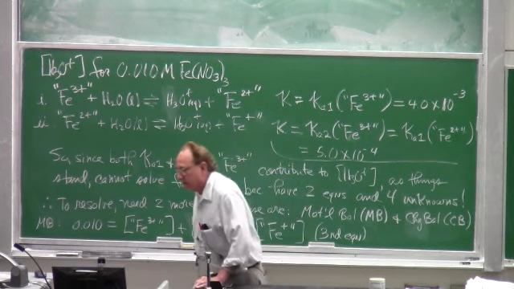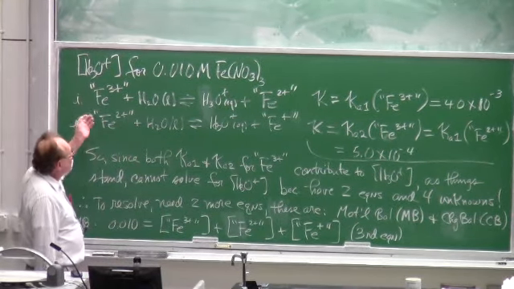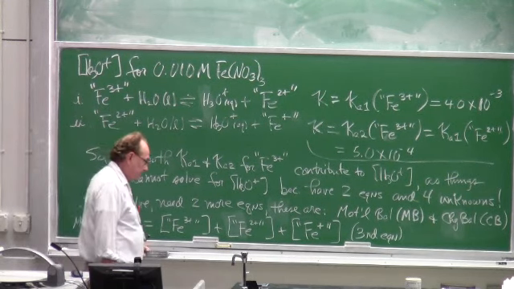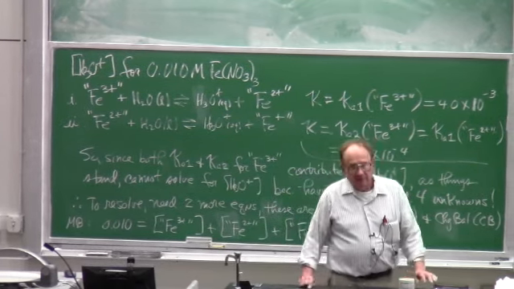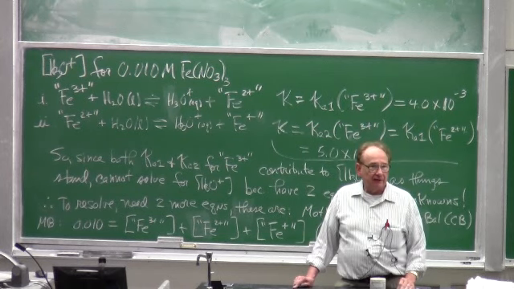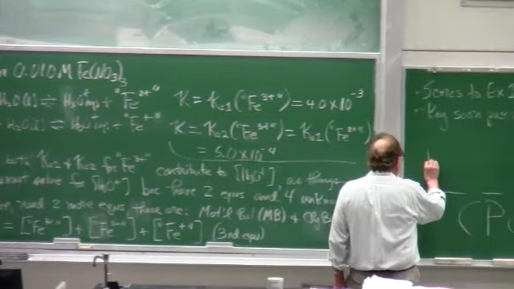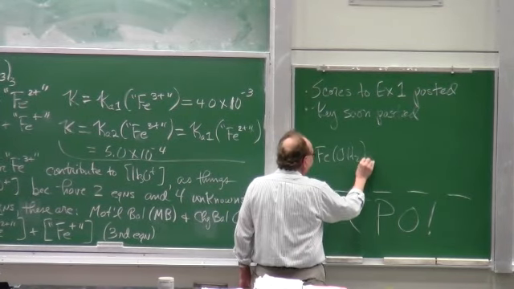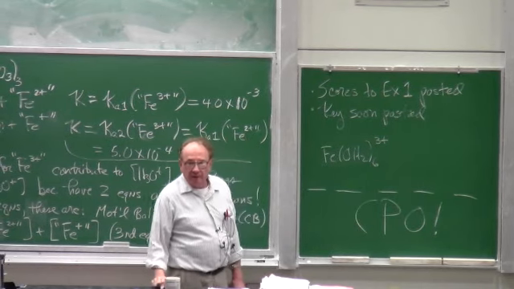The lead into this consideration is brought to us by our 100th molar, to 2 significant figures, iron nitrate solution, which we began to talk about last time, in which the principal acid species is the hydrated metal ion, hexaquo iron plus 3.